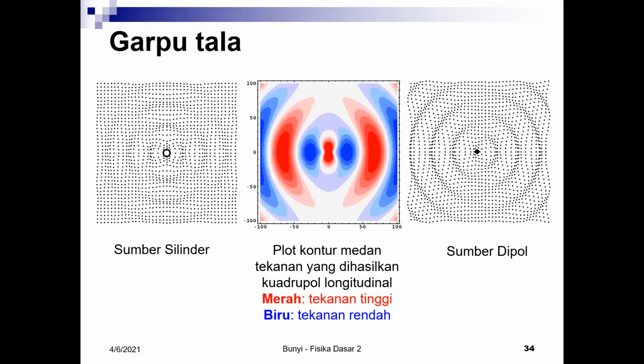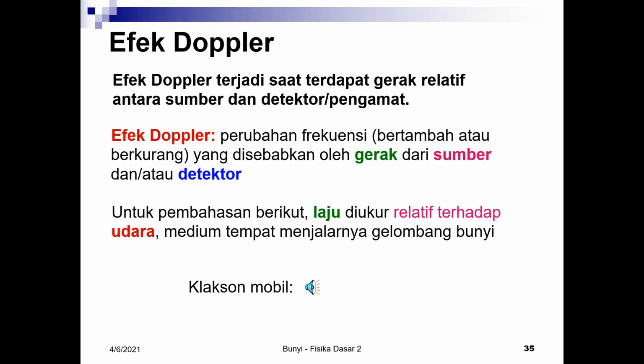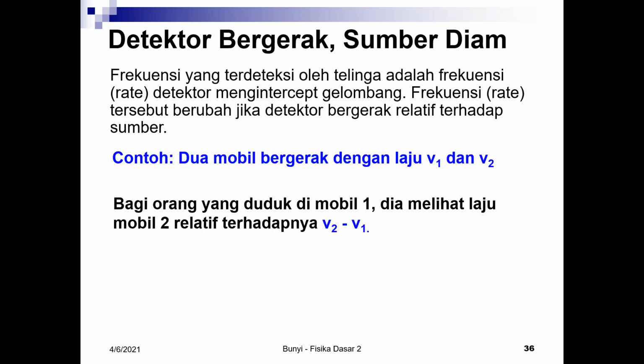Ini tentang efek Doppler. Efek Doppler terkait dengan perubahan frekuensi atau panjang gelombang akibat bergeraknya sumber atau pengamat atau detektor. Contohnya klakson mobil, ketika mobil diam atau bergerak, ada perbedaan.